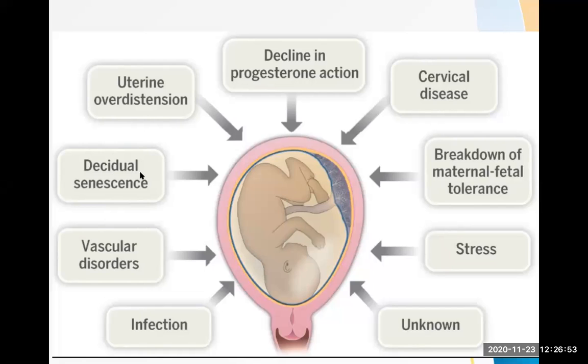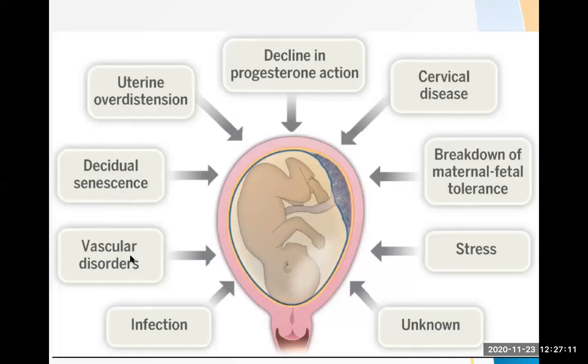Now, if this decidua basalis is deteriorating, or it is getting thinner, with a decreased size than before, that is another important cause of preterm labor. That is called decidual senescence. In some ladies, it may happen.